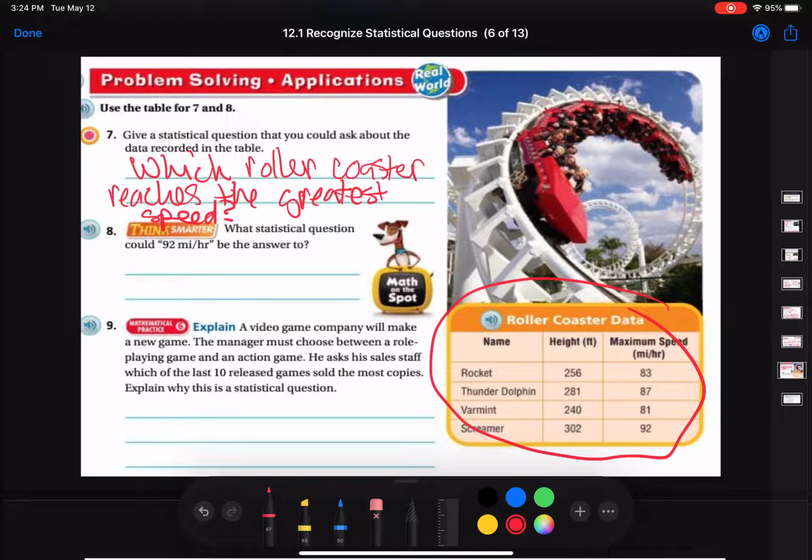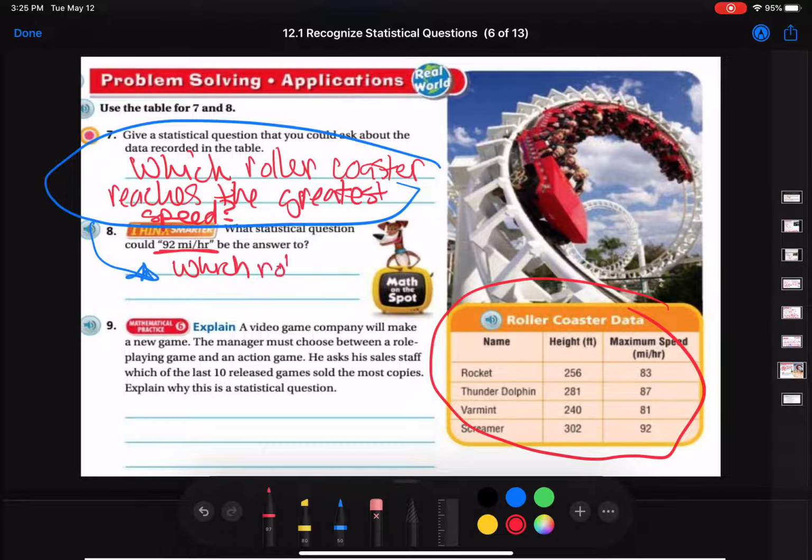Now we have to create a statistical question based off of, so you see this that I wrote right here could actually be written right here. So it says, what statistical question would have the answer 92 miles per hour? That would be, which roller coaster, actually, no, let me rephrase that.